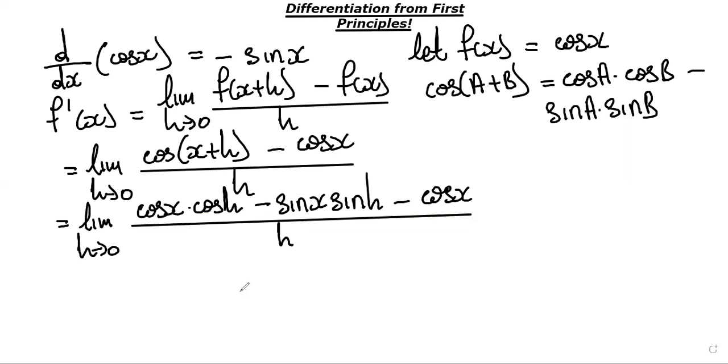This is what we have. Then from this point, we are just going to be a little bit observant. We can see that between these two terms, there is a common factor. So we want to take cosine x out as the highest common factor.